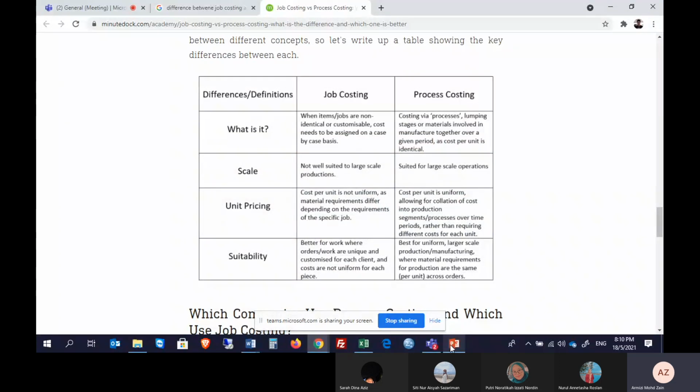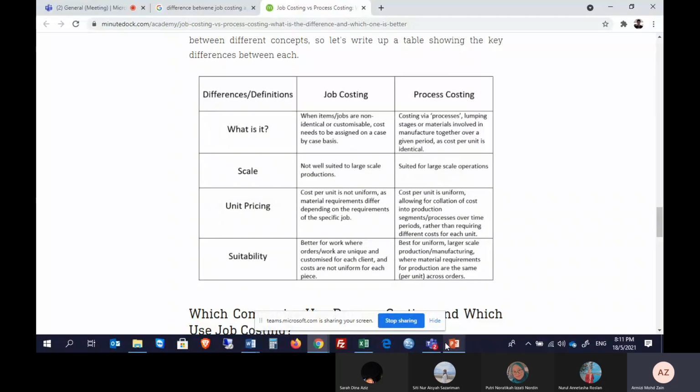While for process costing, it is best for uniform. Uniform means standardization for each unit, the same cost per unit for each unit in the process. Best for uniform, larger-scale production or manufacturing, where material requirements for production are the same across the order.